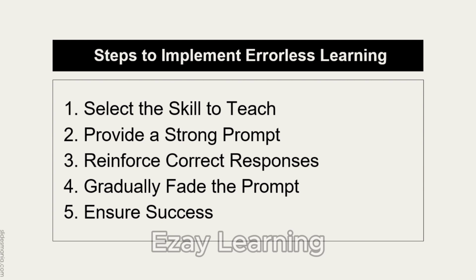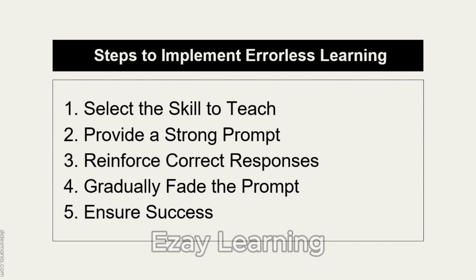Now reinforce correct responses. Immediately reinforce the learner for responding correctly to the prompt. This could be through verbal praise, tokens, or a preferred item. For example, great job pointing to the dog, and giving a small reward. Gradually fade the prompt. Slowly reduce the prompt after the learner consistently makes the correct response. The fading should be systematic to avoid errors.